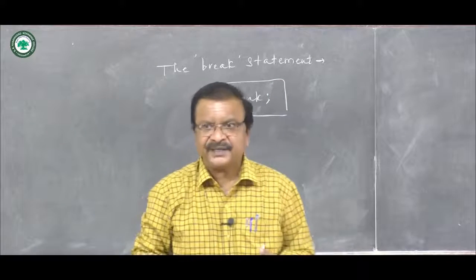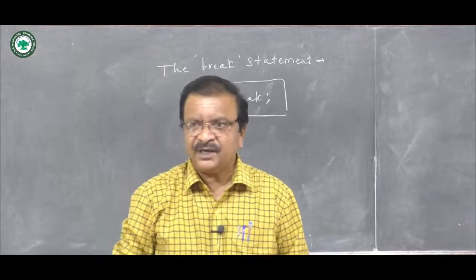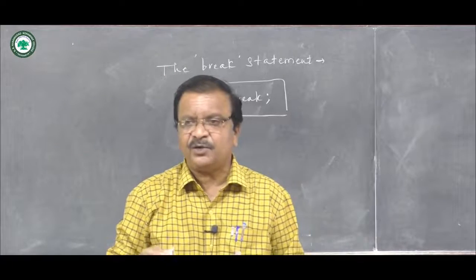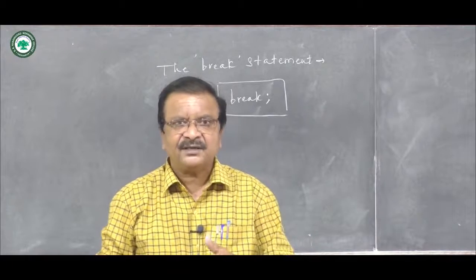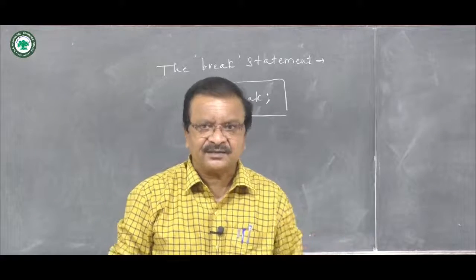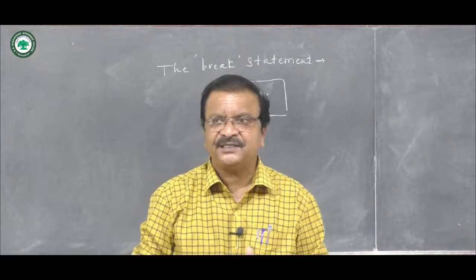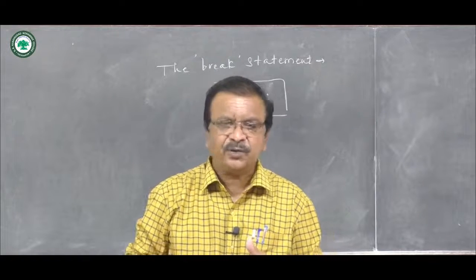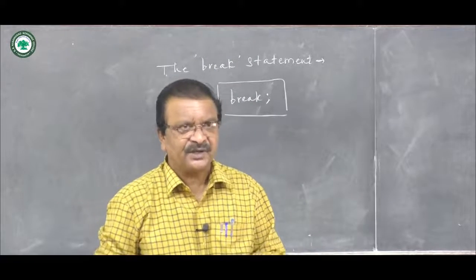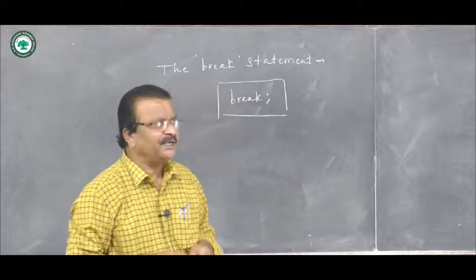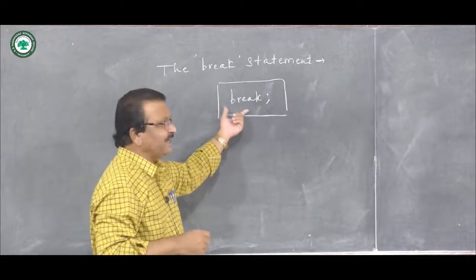So when break is encountered during a loop such as while, do while and for, then control directly jumps out of the loop and the loop gets terminated without waiting to get back to the test condition. The loop will be immediately terminated when this break is encountered.